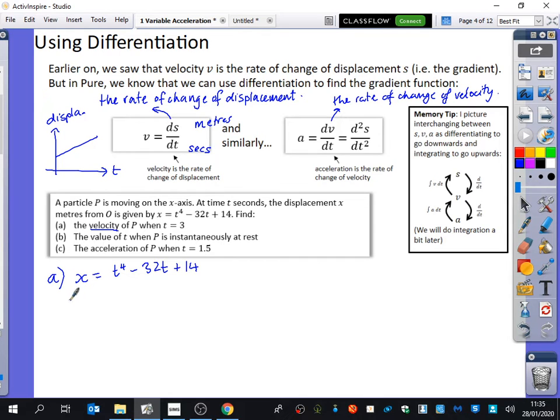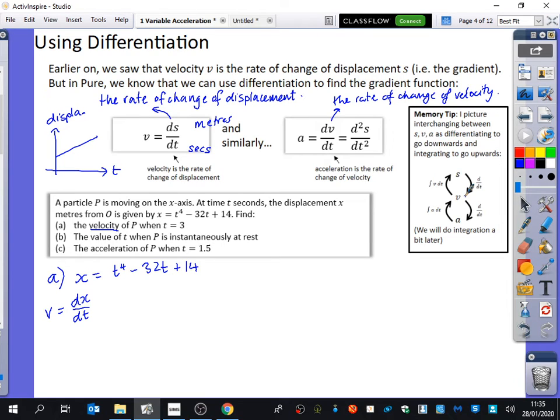If I differentiate this, if I do dx and I differentiate it with respect to time, what would it be the same as? What is dx dt going to be the same as? It's just the same as the velocity. So you differentiate the displacement to get the velocity.